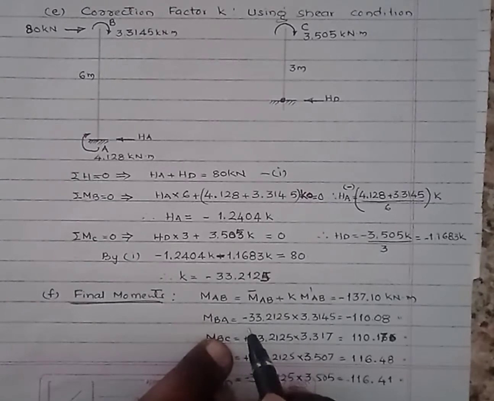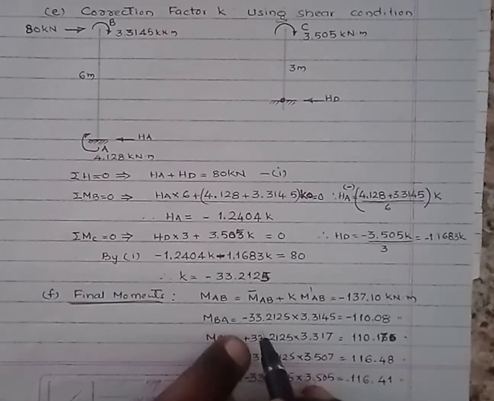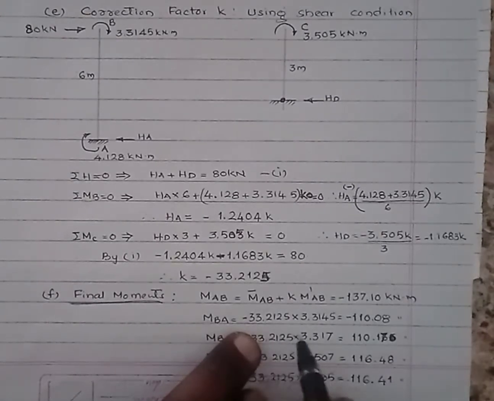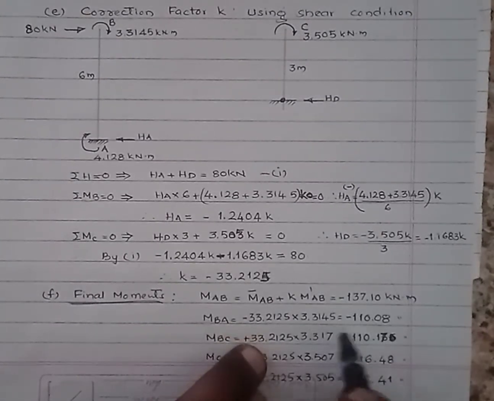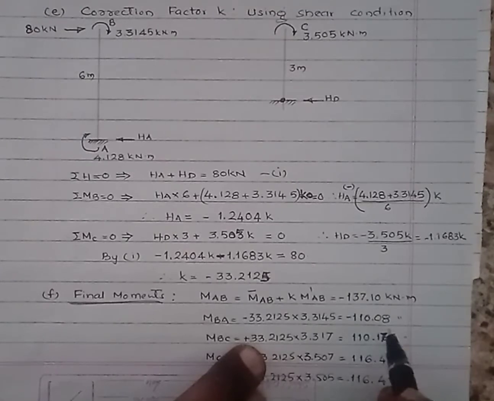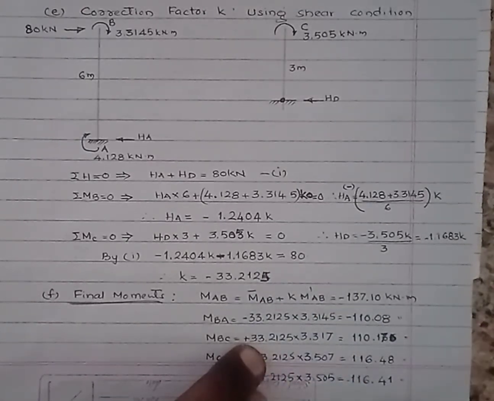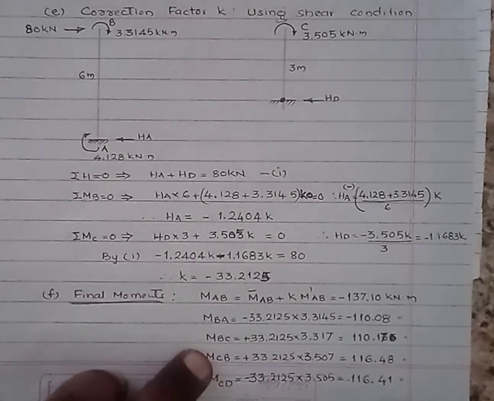MBA: M bar BA is 0, K into M dash BA equals minus 33.2125 into 3.3145, that is minus 110.08. Here both the moments are negative moments, that means they are anti-clockwise.